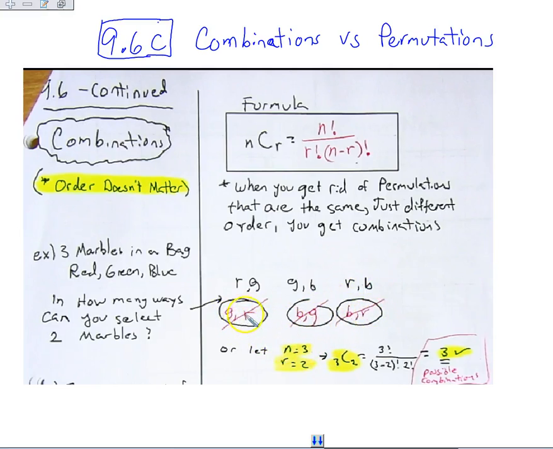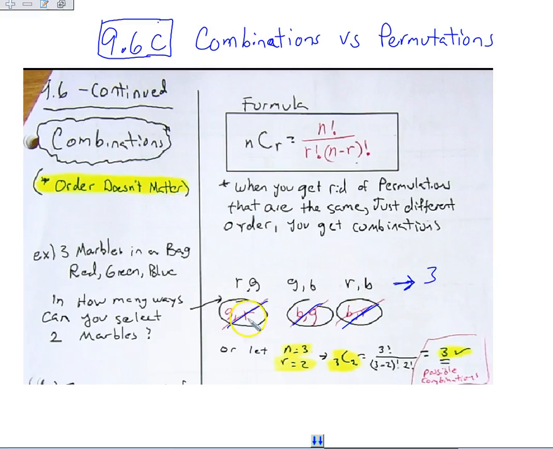Now, if we don't really care about the order, if red followed by green to us is the same thing as green followed by red, then we can eliminate these choices down here. And instead of having 6 possibilities here, the answer is only 3.